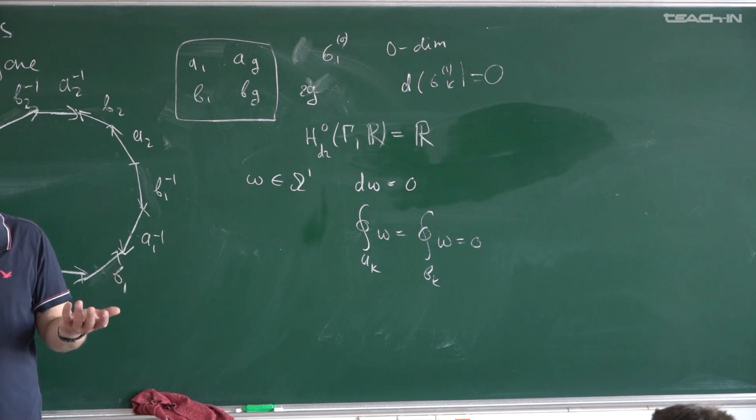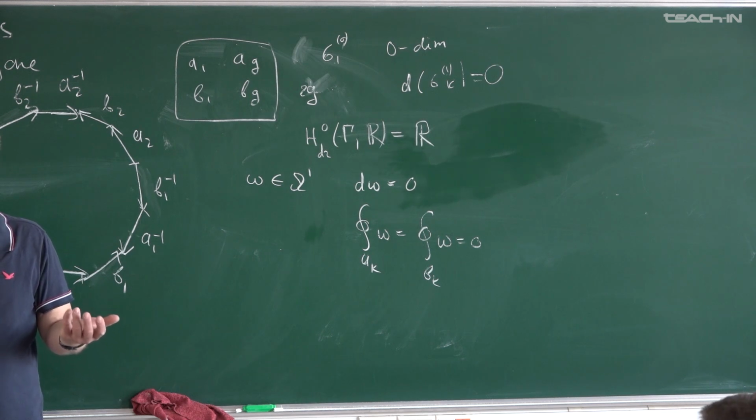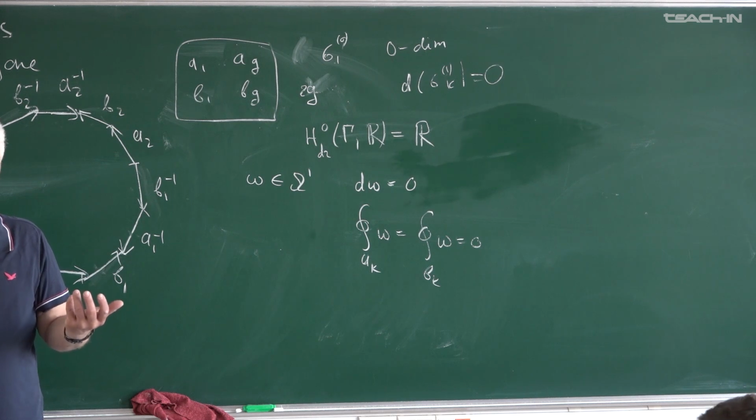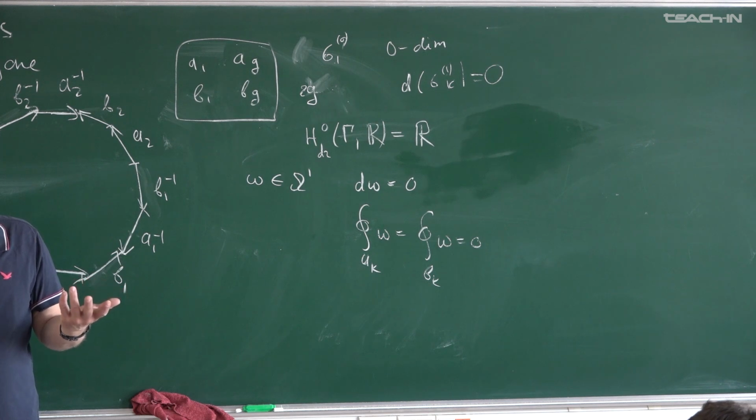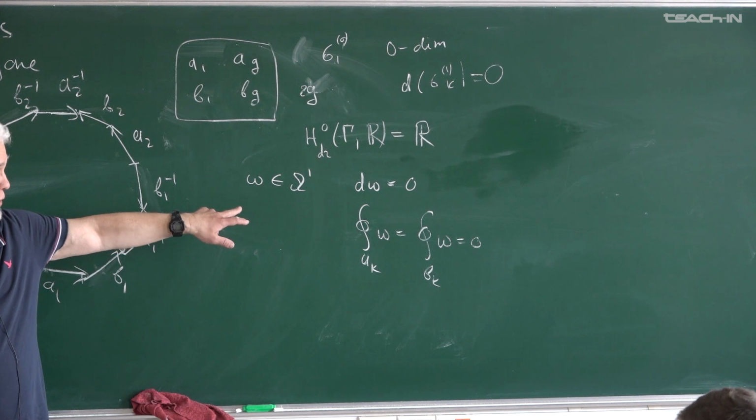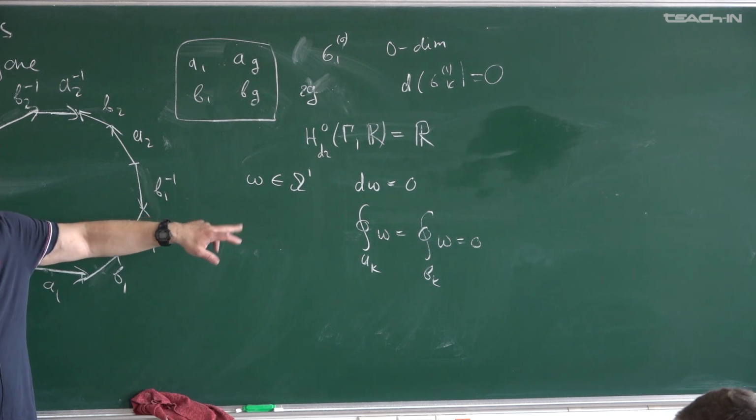It will be a single-valued function. You understand it? A differential is exact if and only if it is closed. You have a closed differential, d omega is equal to 0.